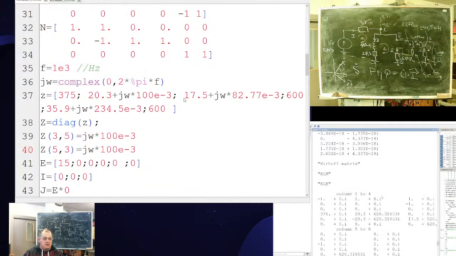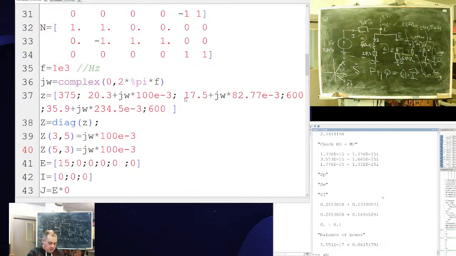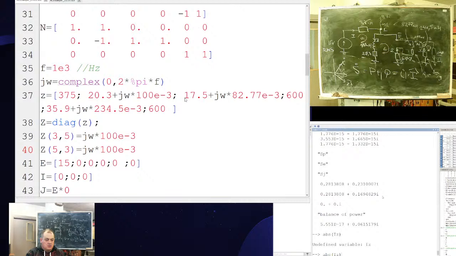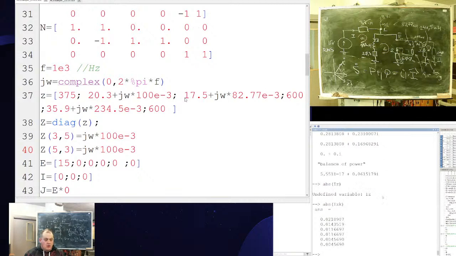Let's check. We need the absolute value of branch currents. Okay, the absolute value for this current is 4.6 milliamps. By calculating, no, it's 15 volts, 4.3 milliamps.